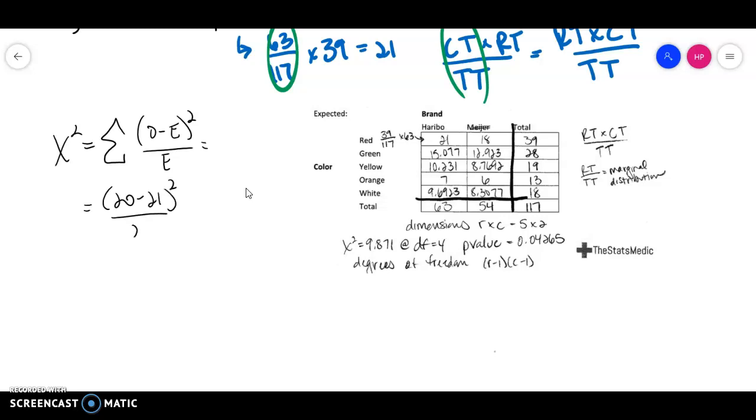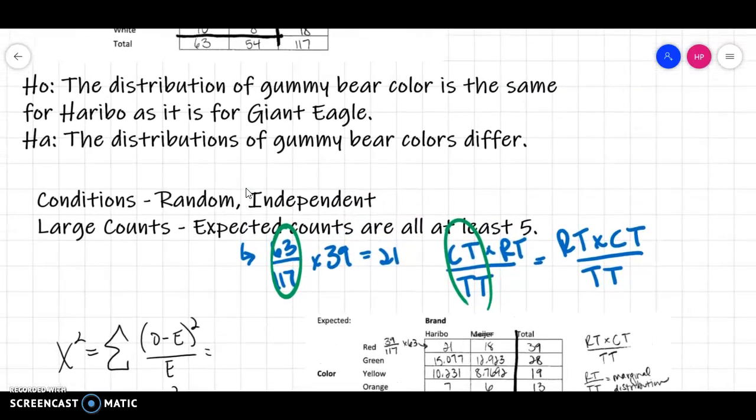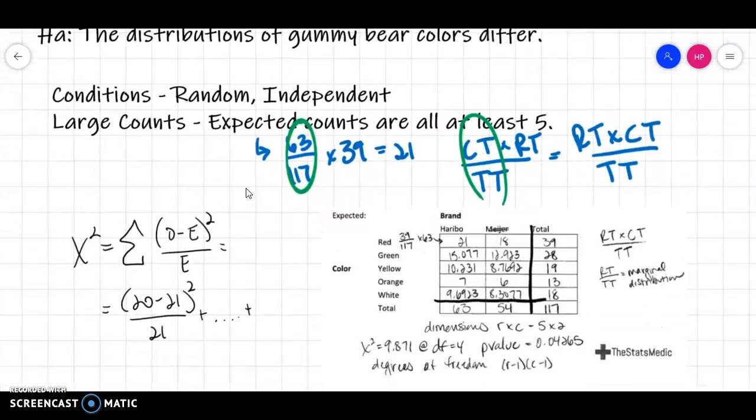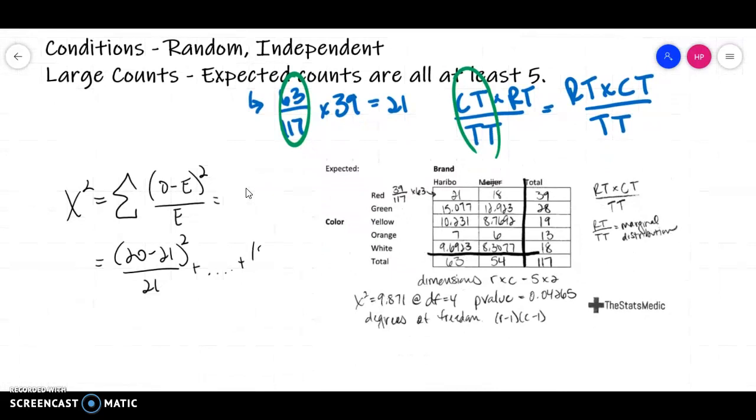So 20 minus 21 squared divided by the expected count of 21, all the way up to my last count. We had 8. And so 8 minus that 8.3 squared divided by 8.3 is where my 9.871 comes from. So again, not really a very big number, and I have 10 different components.